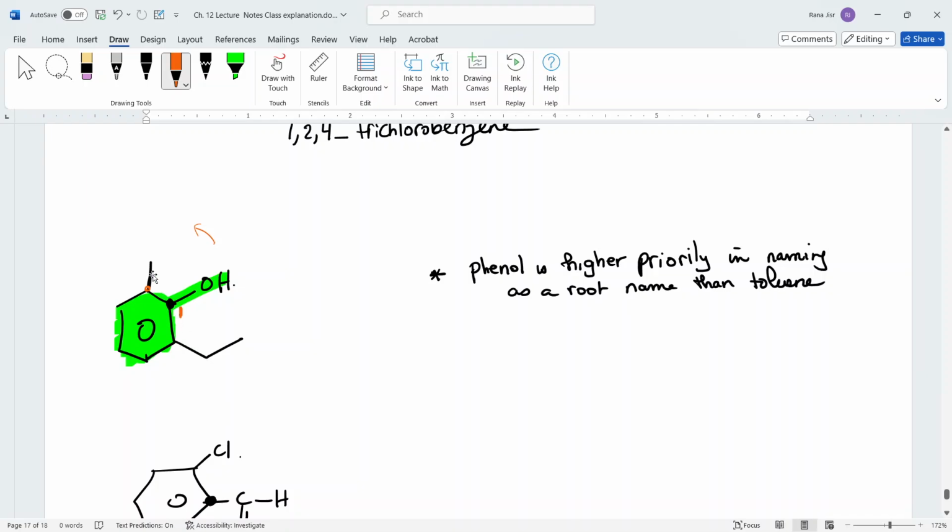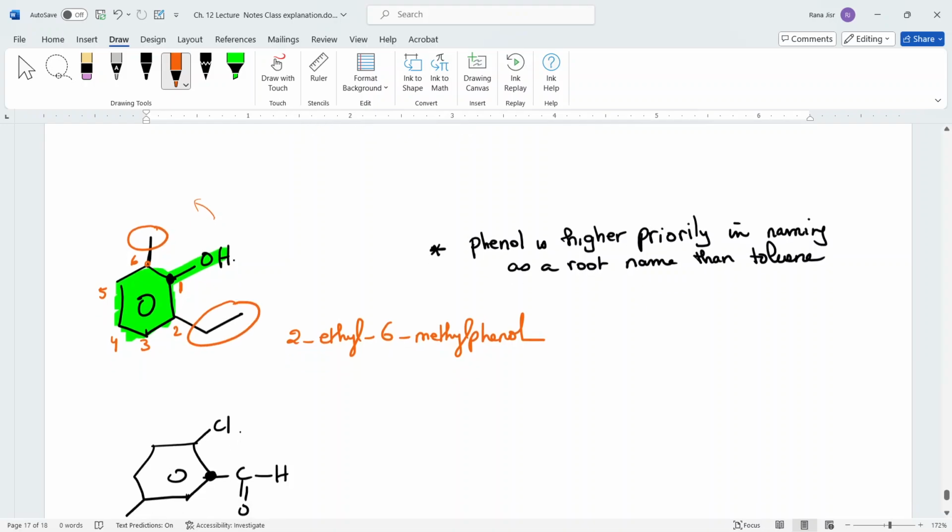E comes before M. So this is why I need to go this way. This is going to be 2, 3, 6 over there. And the name is going to be 2-ethyl-6-methylphenol. Okay, this is a methyl group, and that is an ethyl group.